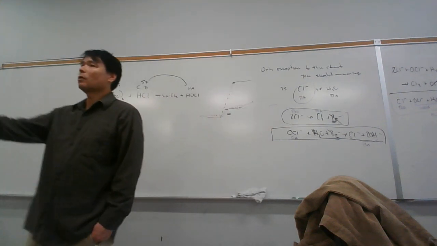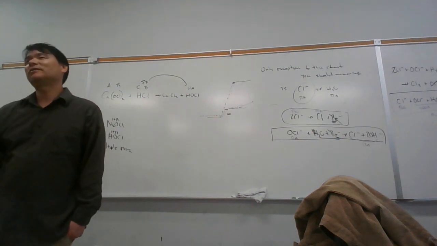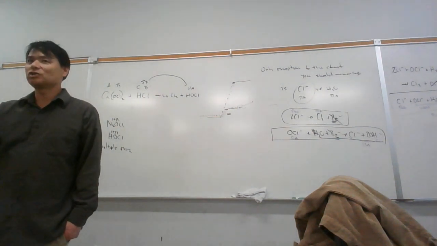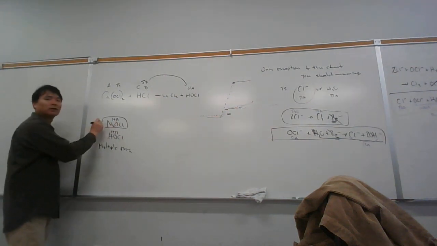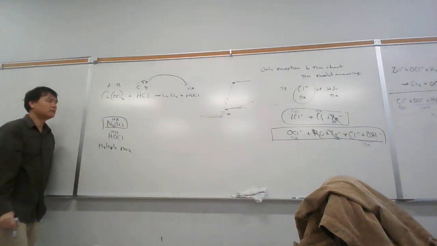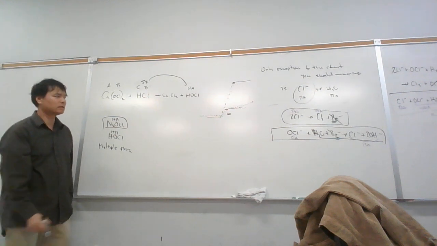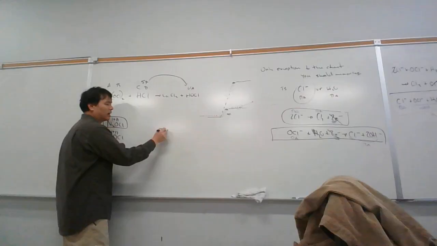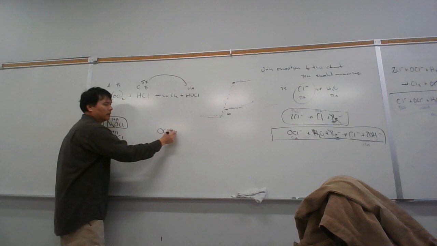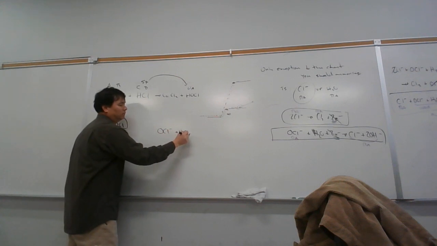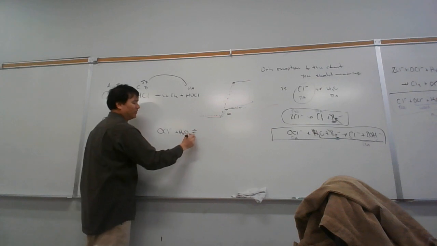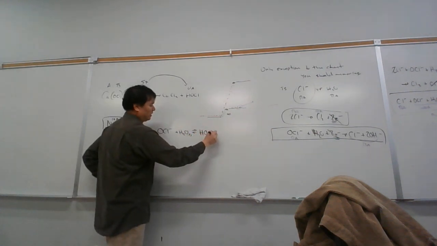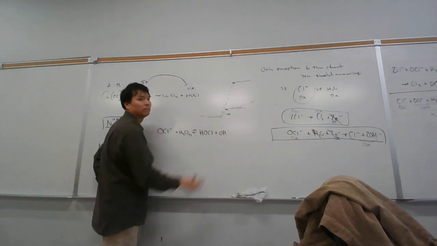Do you know when you pour bleach, actually not even when you pour bleach, a jug of bleach contains sodium hypochlorite, correct? But did you know there's going to be some hypochlorous acid in there? Because hypochlorite can attack water. And if hypochlorite attacks water, what does it form? It forms hypochlorous acid and hydroxide.